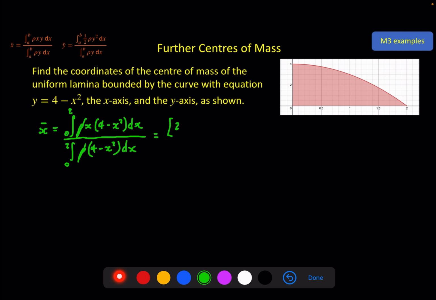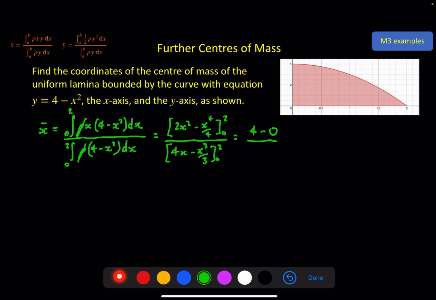On the top we get 2x squared minus x to the 4 over 4, from 0 to 2, in the denominator, 4x minus x cubed over 3, 0 to 2. Putting in the limits gives us 4 minus 0 on the top and 16 over 3 minus 0 on the bottom for a final answer of 3/4.